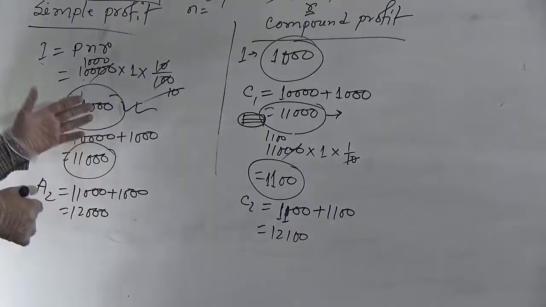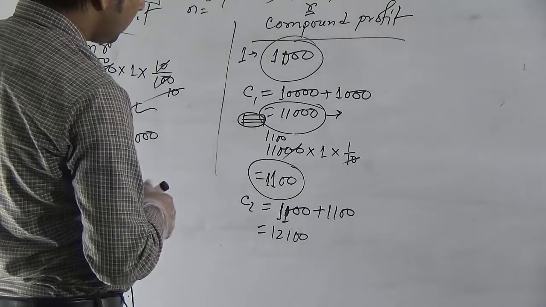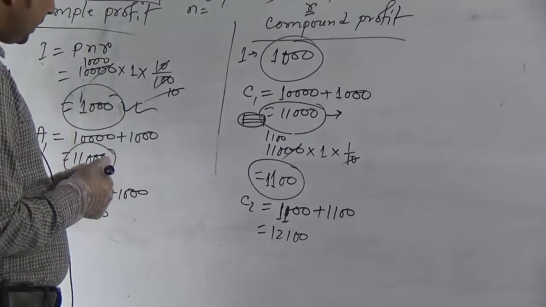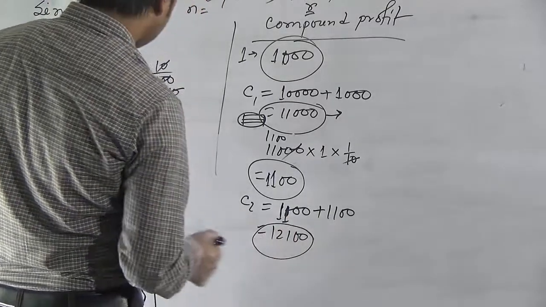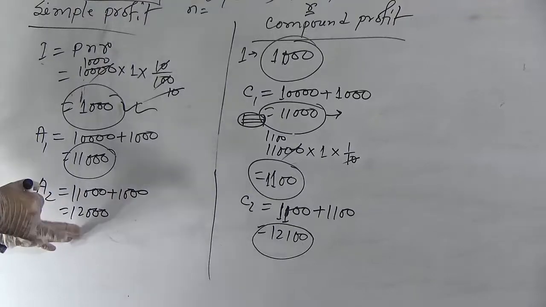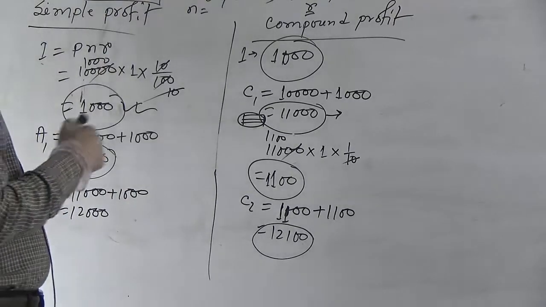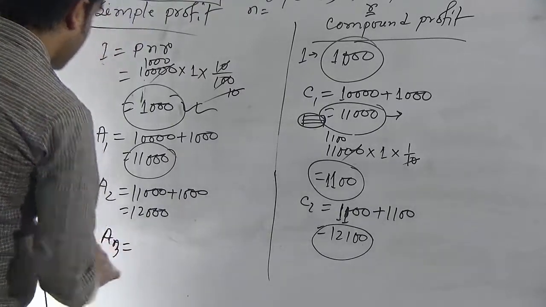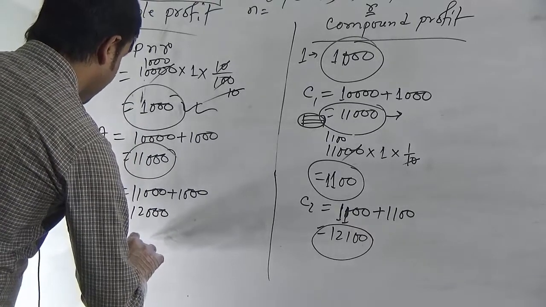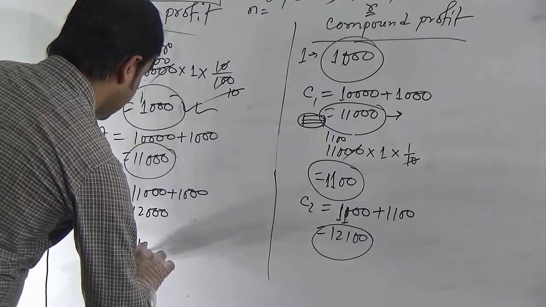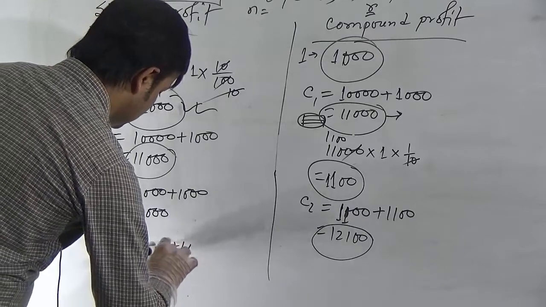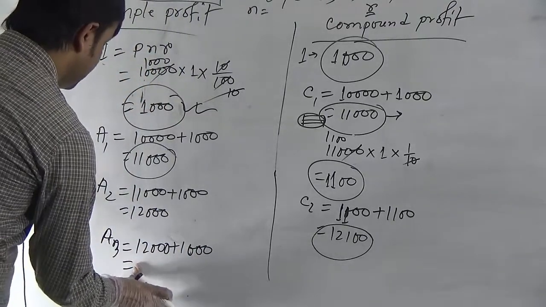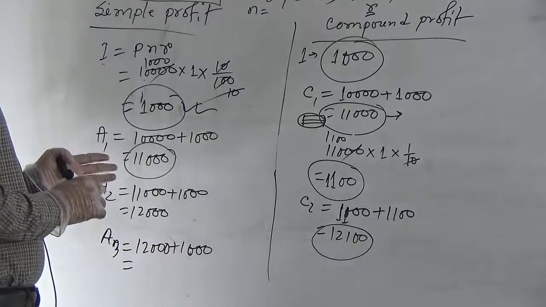In case of the third year, again the simple profit will increase by 1,000, and the profit principal will be 12,000 plus 1,000, as every time the profit remains the same in case of simple profit.